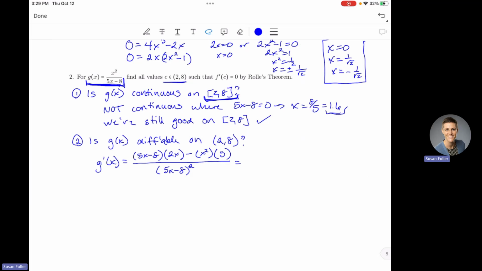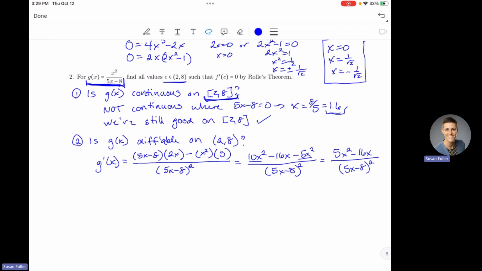Here's our quotient rule. That's what my derivative looks like. Let's simplify this and see what we've got going on. So I'm going to have 10x squared minus 16x minus 5x squared all over that denominator. And then I can combine like terms here. So I'm going to have 5x squared minus 16x all over 5x minus 8 squared.